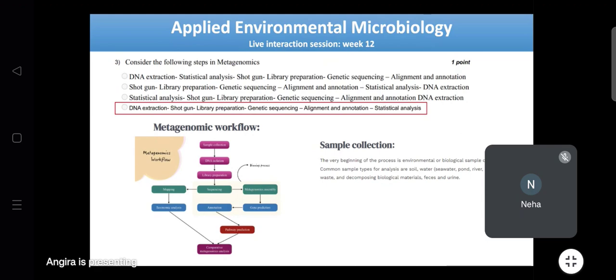Basically this is one step, and then this will be followed by alignment of the gene with the already prepared database and thereby annotation, and then statistical analysis depending on how much there is a match with the particular data that we have, therefore giving us an estimate of the relatedness between the species or between the functionalities of two species.